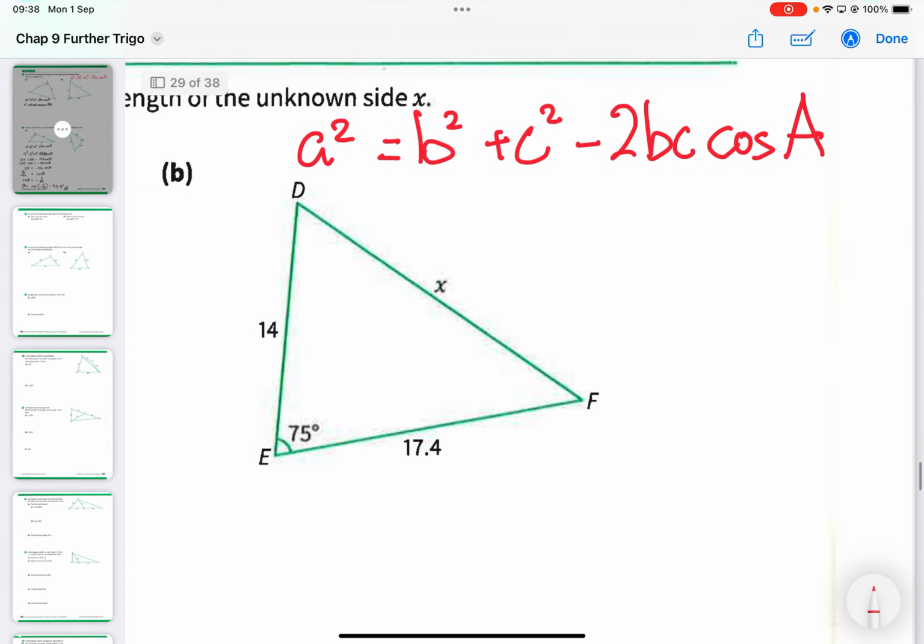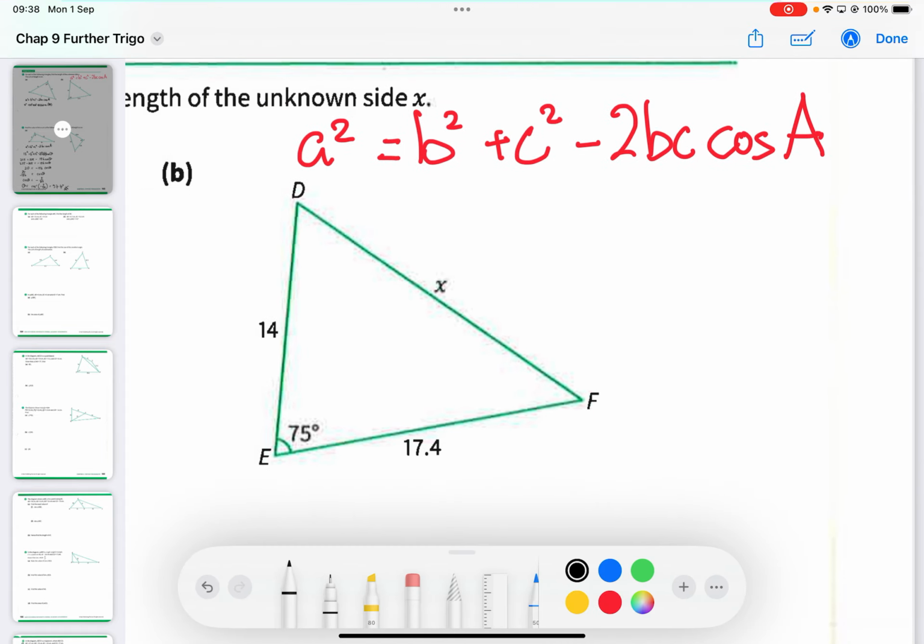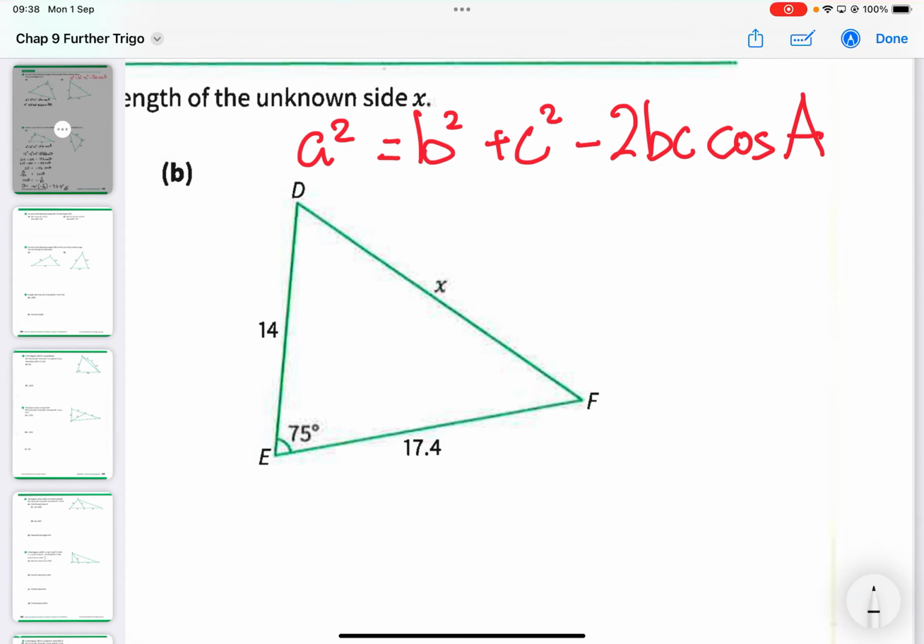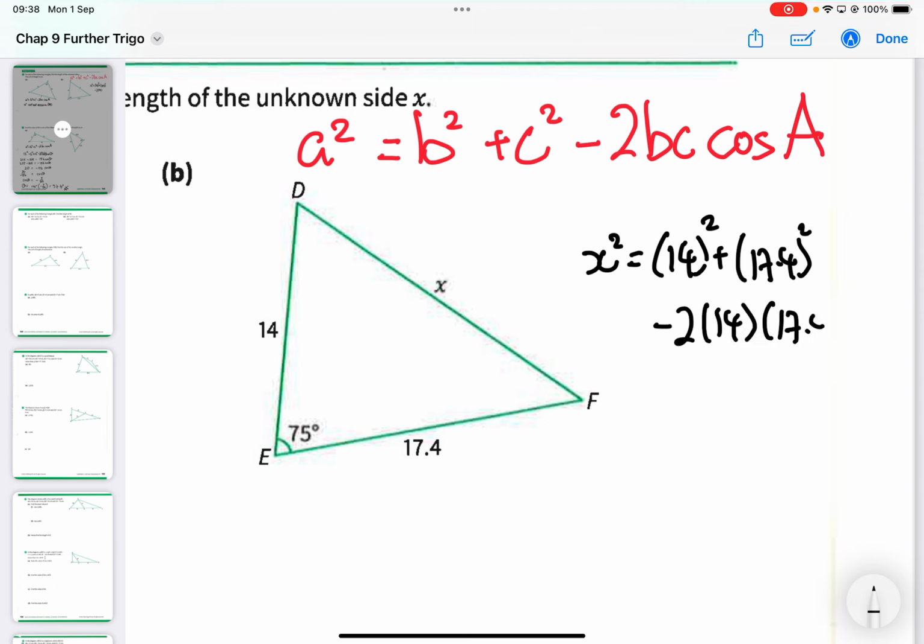So using this formula, you can put in already. My small a is my x. My B is any of the sides. My C is the other side. Then I just put in my values. Substitution.